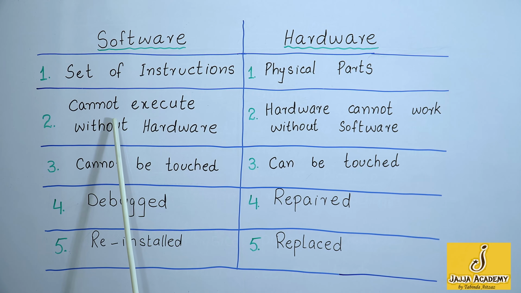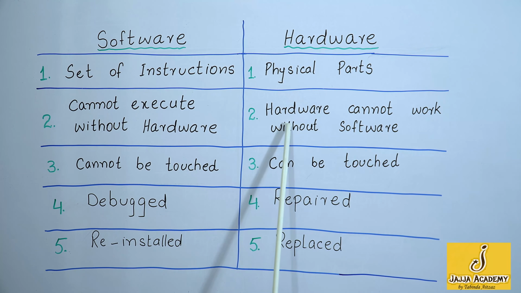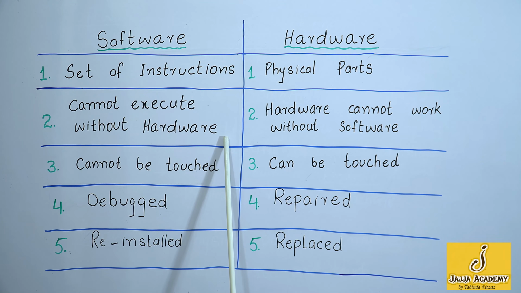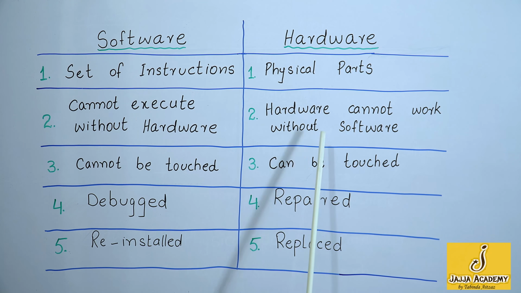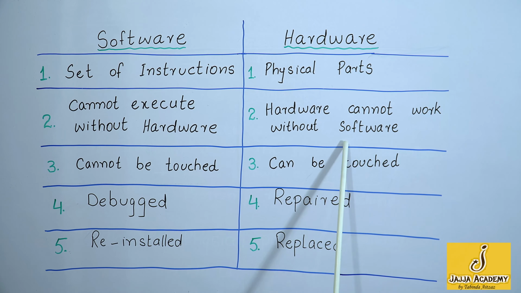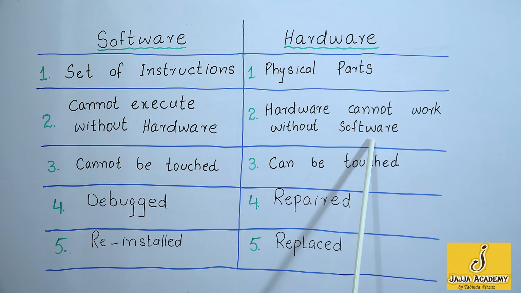Software cannot be executed without hardware, and hardware cannot perform anything without software, because software provides instructions to the hardware to perform a specific task. If there are no instructions, then the hardware is unable to do anything.